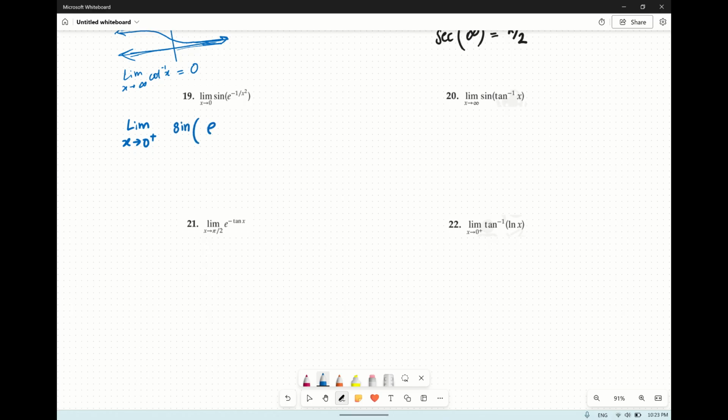Sine of e to the power negative 1 over x squared. One thing you need to remember: whenever you have a number over 0, the answer is either positive infinity or negative infinity. How do I know? I know by studying the sign of this.